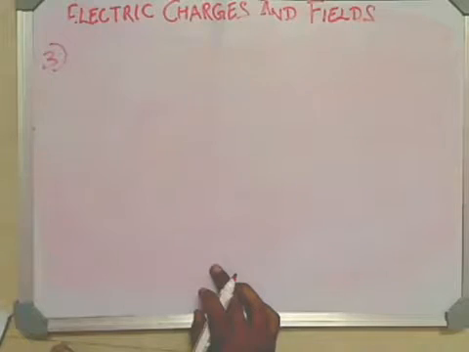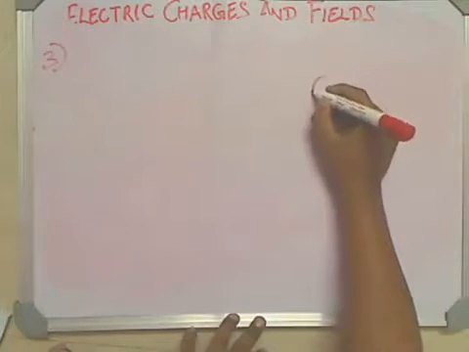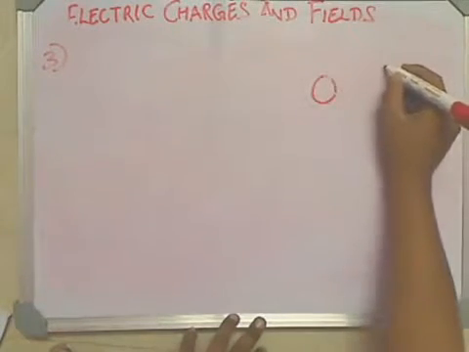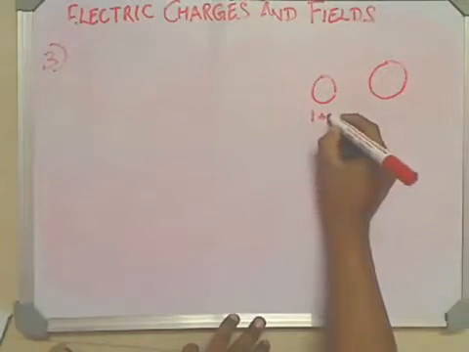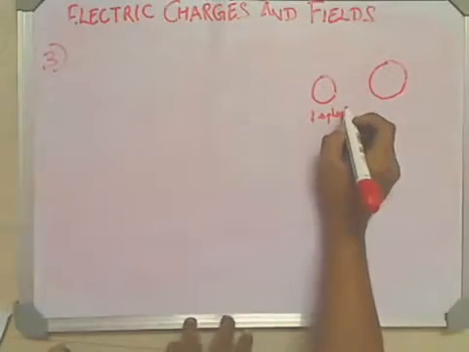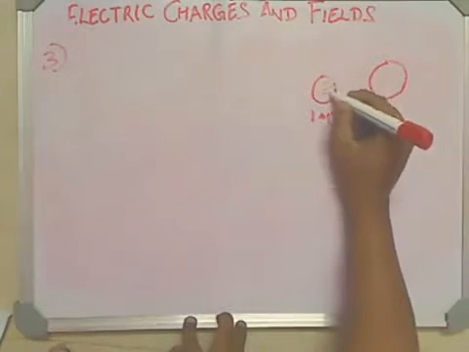Now, if you consider the first case, that is, the radius is doubled, what is the flux through the surface? Let's consider one sphere here and another one here. Now, this is the first sphere. The question says there is an electric flux here, that is, you have electric lines of force here.